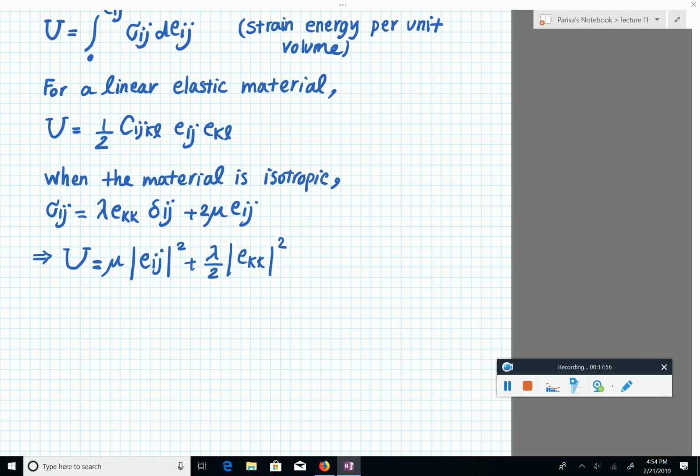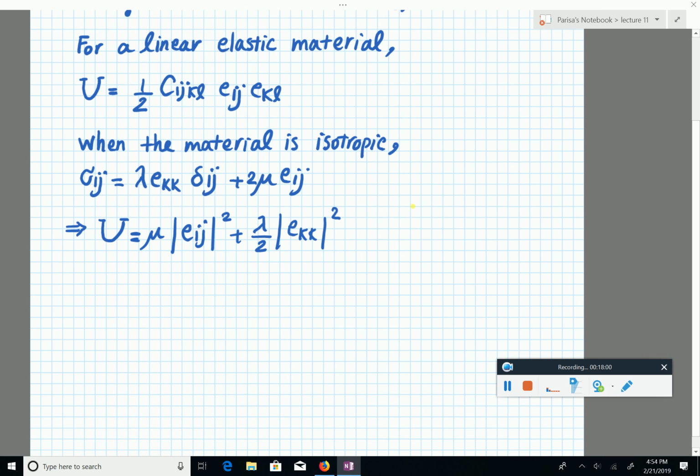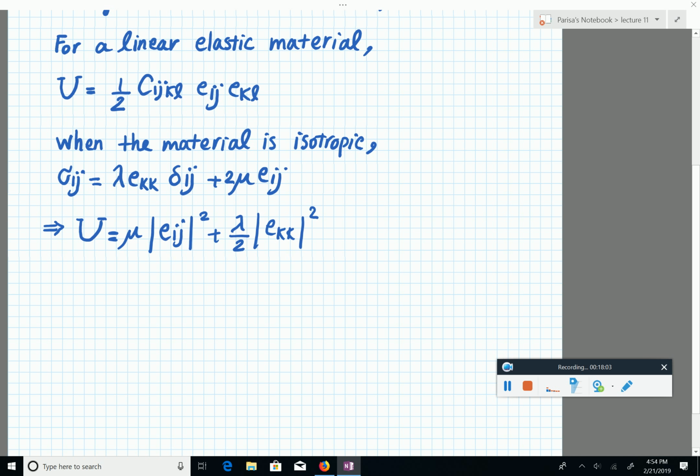Now, it turns out that it's useful to write the energy, to partition it between the energy which is responsible for volumetric change and the energy which is responsible for change in shape. And we learned something about the strain, right?